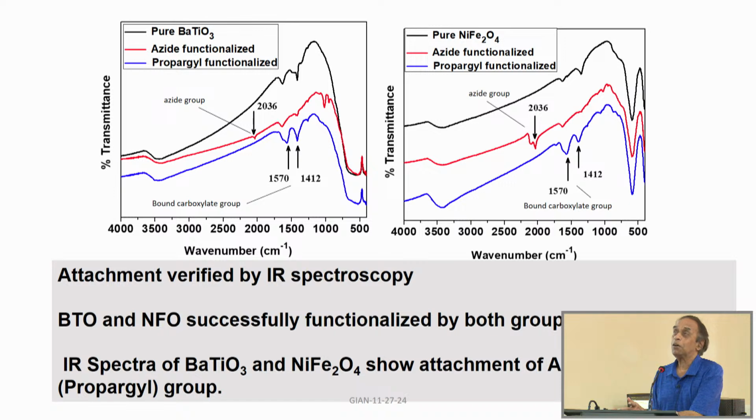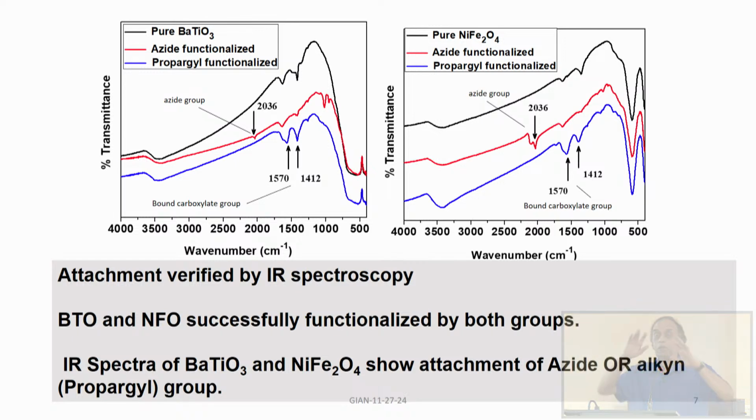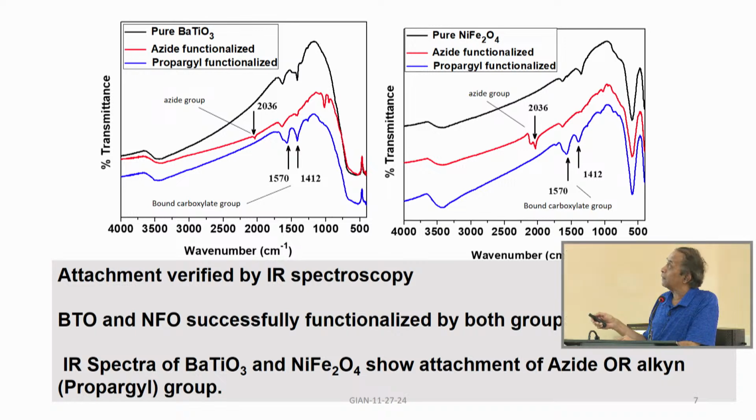The question is, how do you know the attachment was successful? How do you know that you have decorated your nanoparticles with two complementary groups? That is done through infrared spectroscopy. What is shown on the left and the right are the IR spectra before and after attachment.